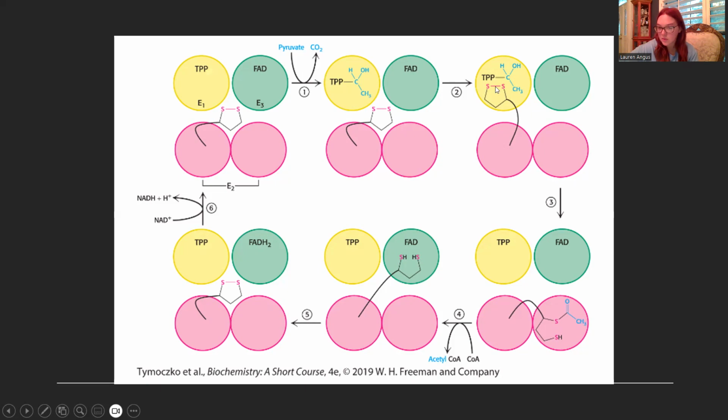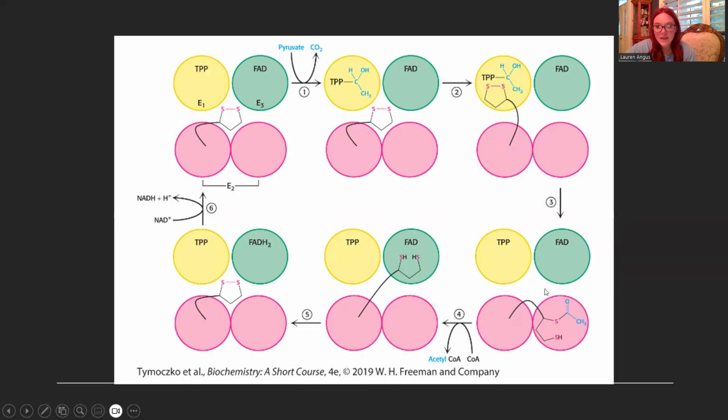That brings us to step two. The lipoamide arm will move into the active site of the hydroxyethyl TPP. Going down to the bottom right corner, step three, this is where the enzyme pyruvate dehydrogenase comes in. It'll catalyze the transfer of the two carbon group to the lipoamide arm to form the acetyl lipoamide complex.